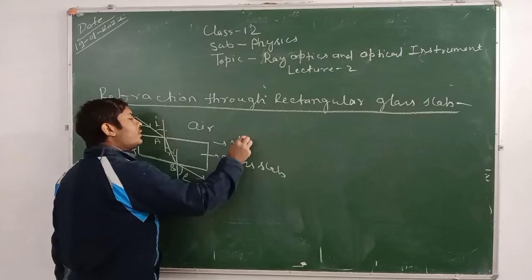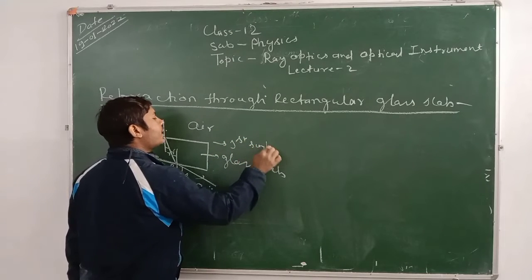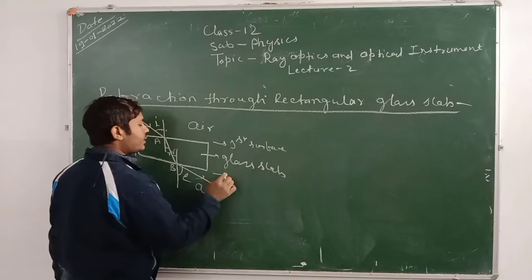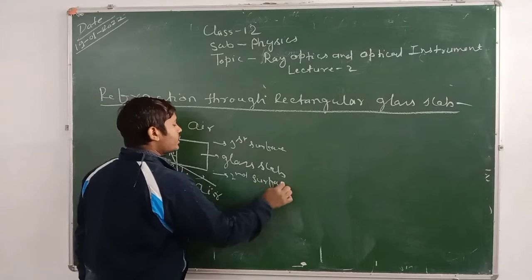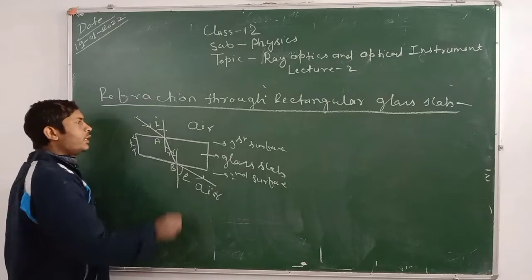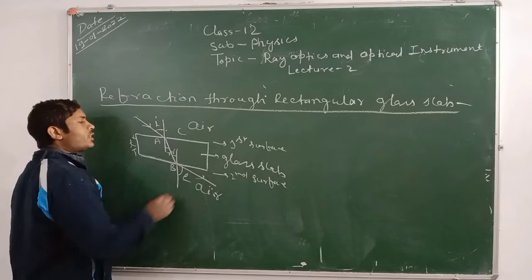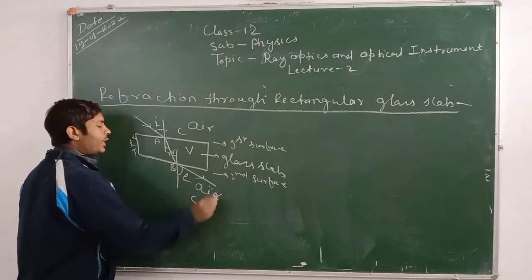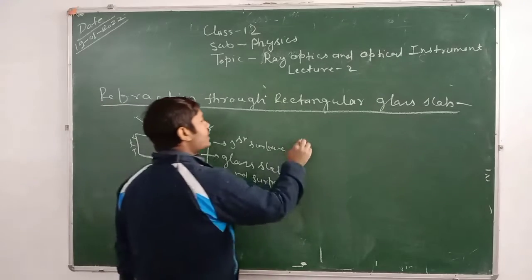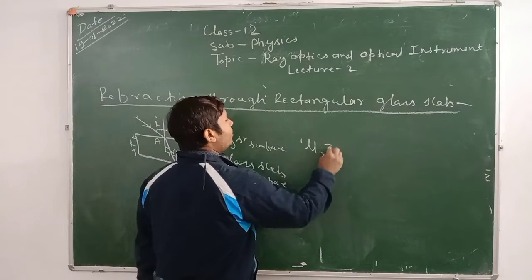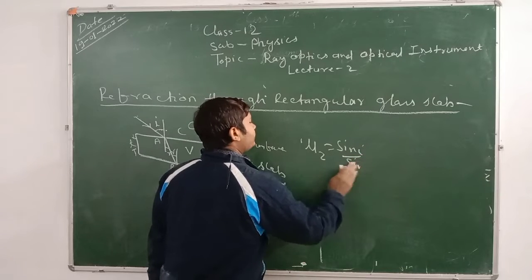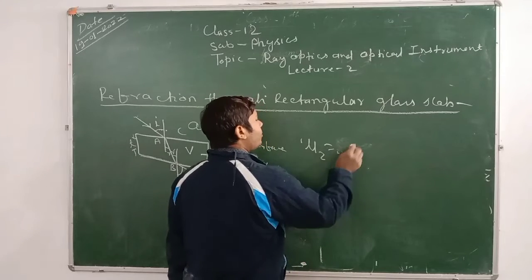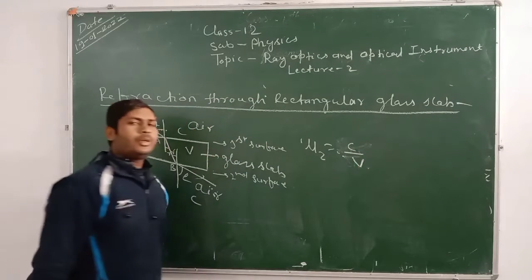It is the first surface of the glass slab and it is the second surface of glass. The speed of light in air is c, whereas in glass is v, and here again it is c. Apply Snell's law. 1μ2 will be equal to sine I upon sine R. In terms of velocity, 1μ2 will be equal to c upon v.